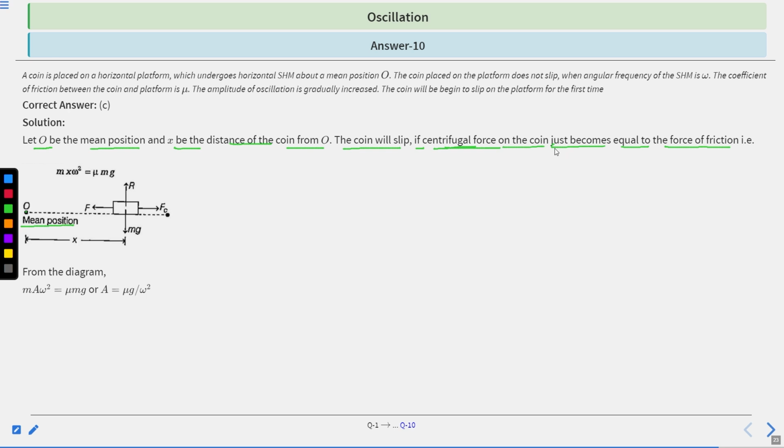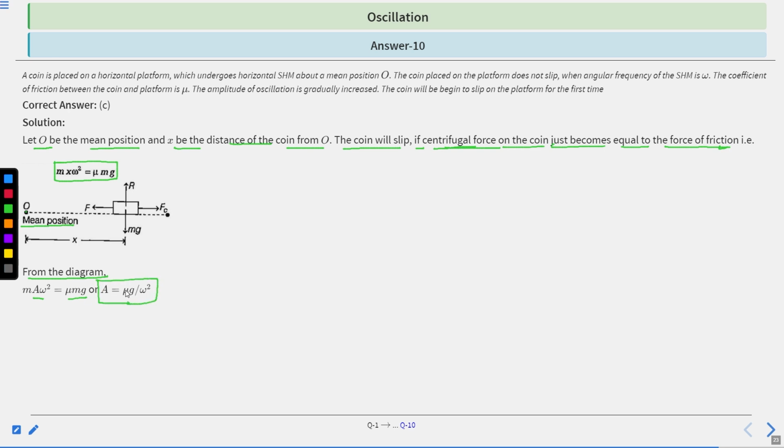That is, m x omega square is equal to mu mg. So from this, m A omega square, where A is the amplitude, is equal to mu mg, where A is equal to mu g divided by omega square.